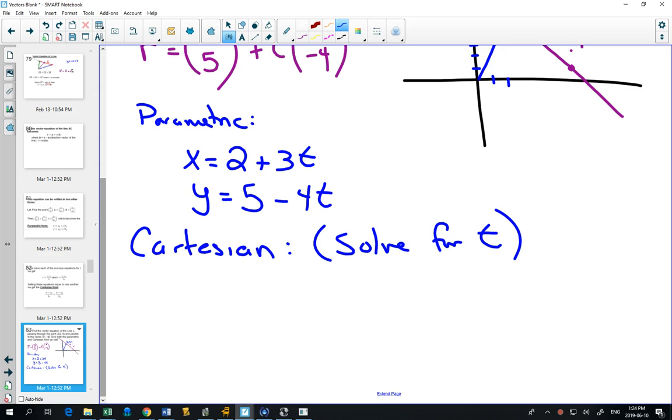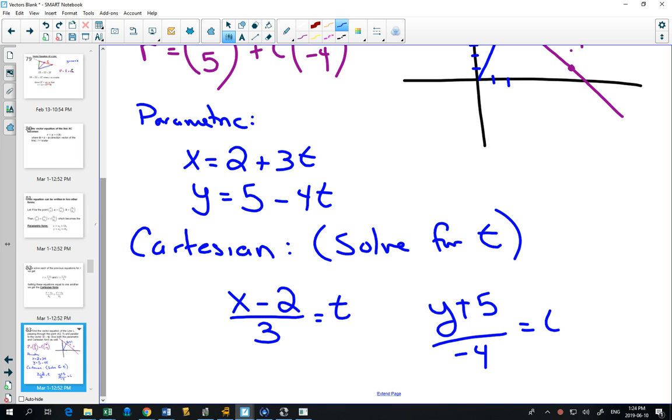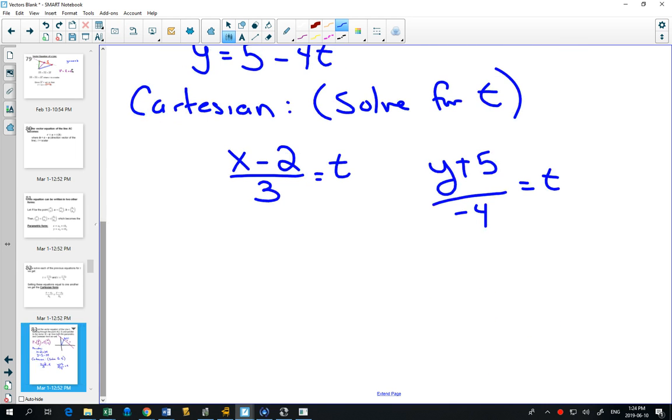Can you see that the first equation, if I subtracted 2 on both sides and then divided by 3, would equal t? And our second equation, if you added 5 to both sides and divided by negative 4, you would get t. So our Cartesian form just makes those equal, takes the t out of the picture.